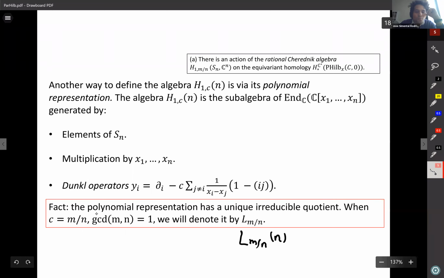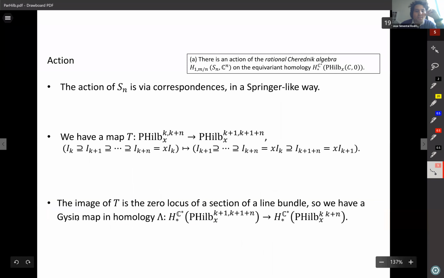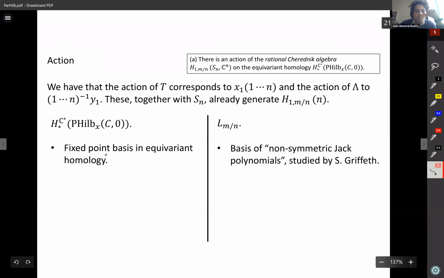It won't be simple when C is a rational number with denominator less than or equal to N. We need the denominator to be exactly N to have both these things defined, the fixed point basis and the non-symmetric Jack polynomials. That's where this parameter comes into play. Not really with the algebra. The algebra doesn't simplify too much, but the representation does.